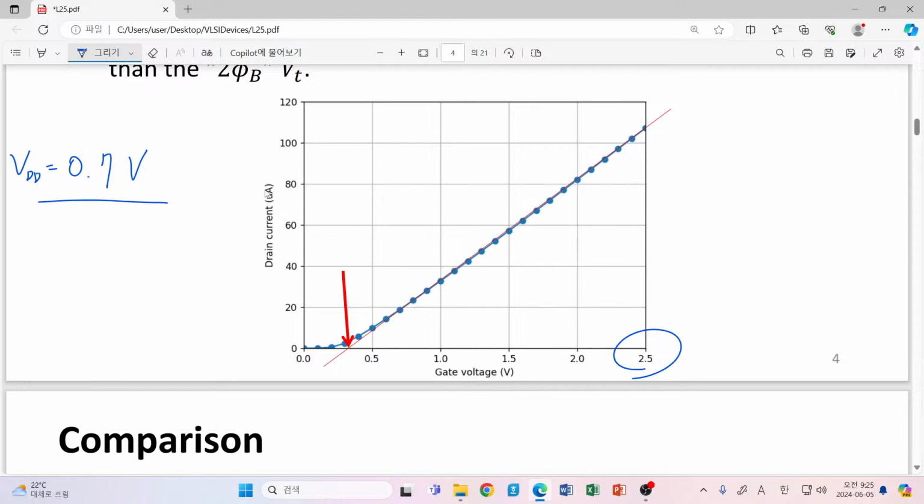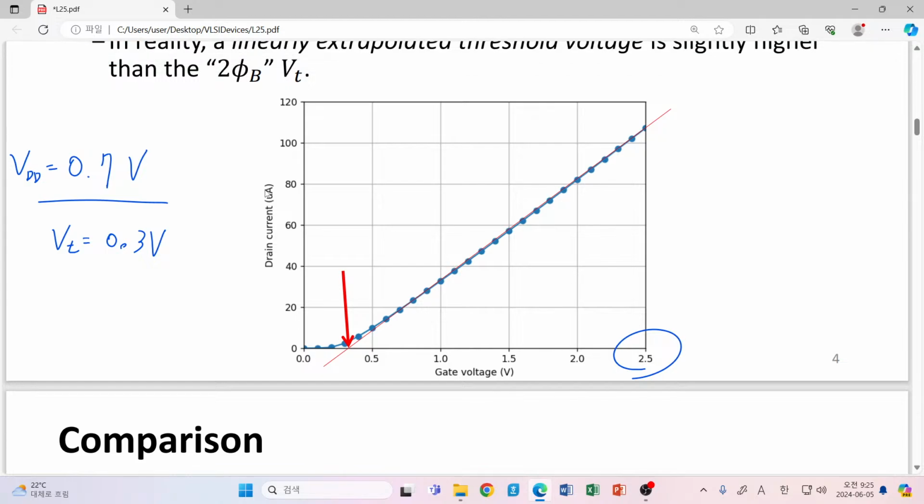So in this case, if your threshold voltage is 0.3 volt, then I would say that your threshold voltage is too high. There is no sufficient room for your device to be highly overdriven. So instead of that, I would like to suggest to you the values more close to 0.2 or something like that, just 1/3 or a quarter of this VDD value.